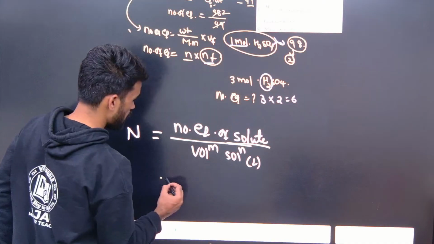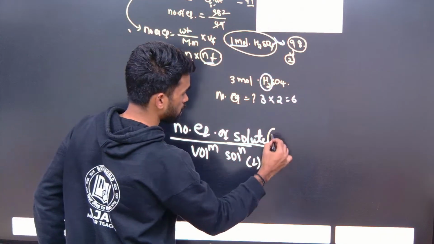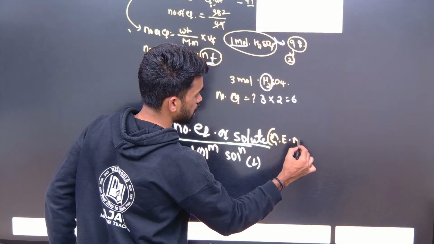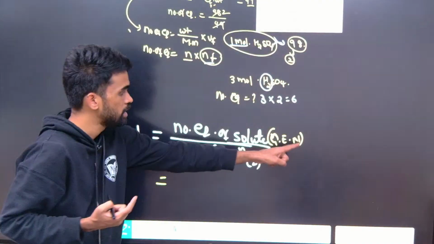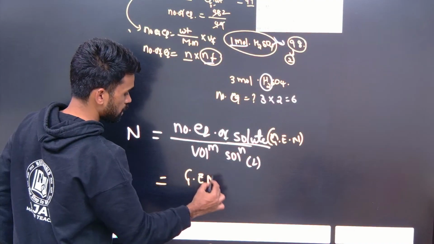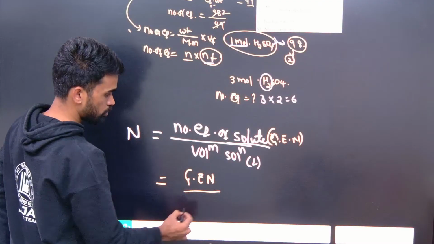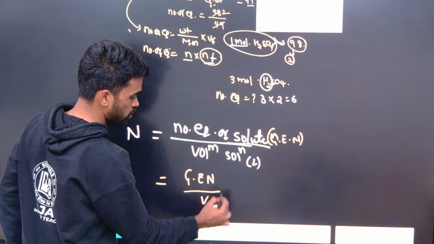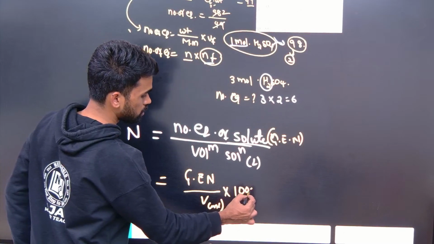In short form, number of equivalents is written as gram equivalent number, or gram equivalents. So GEN, the number of gram equivalents, by volume of solution. Let us say it is in ml now, then you can multiply here with 1000.